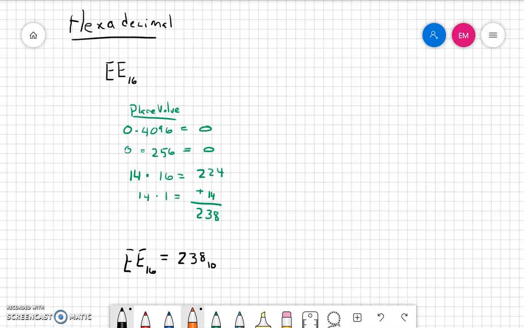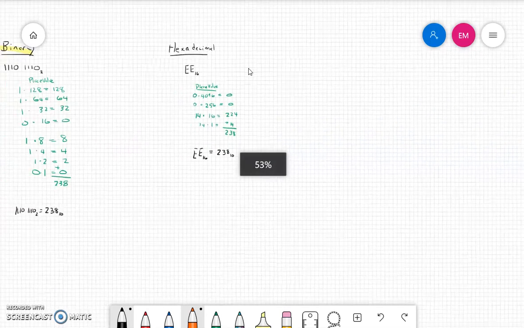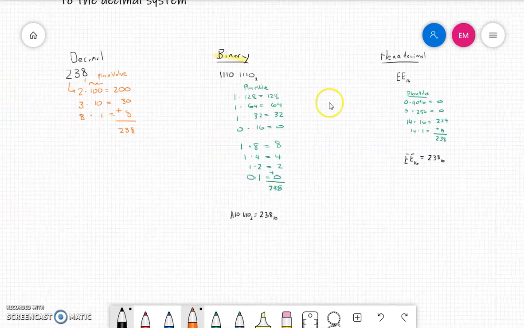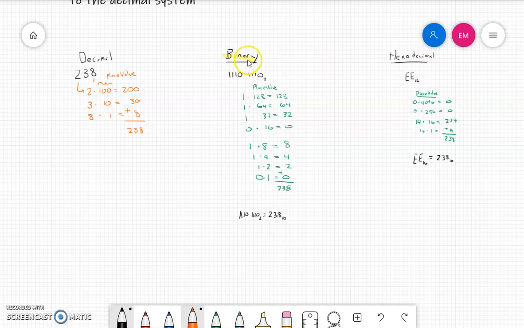So hopefully now you have a better idea of how to convert from a system that's non-decimal into the decimal system. Keeping in mind that each of these digits represents a number of place values.